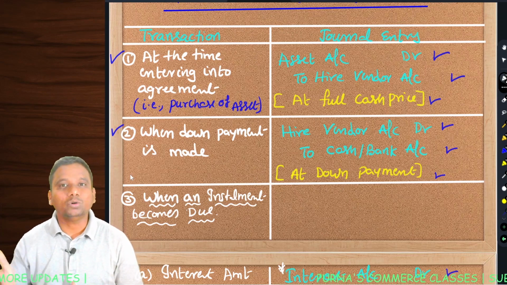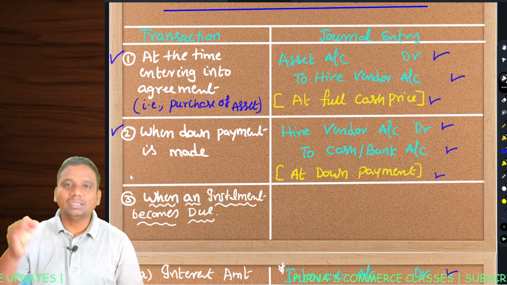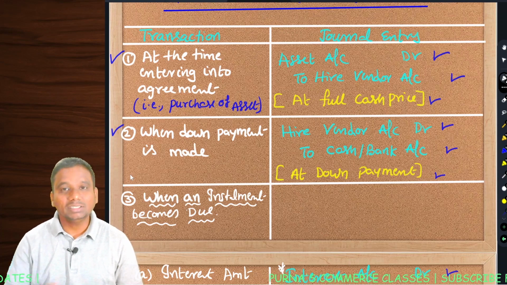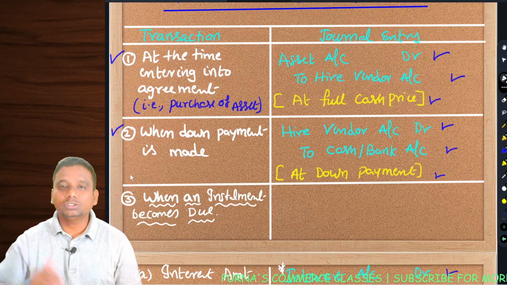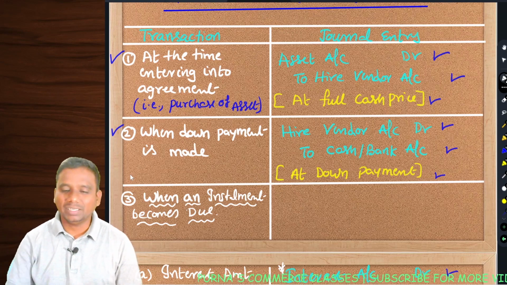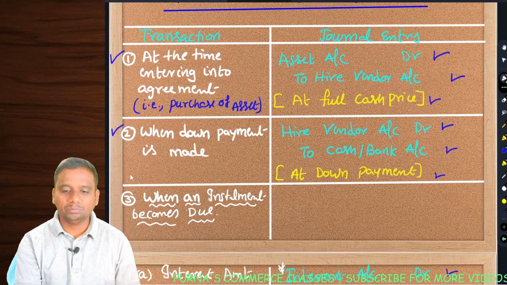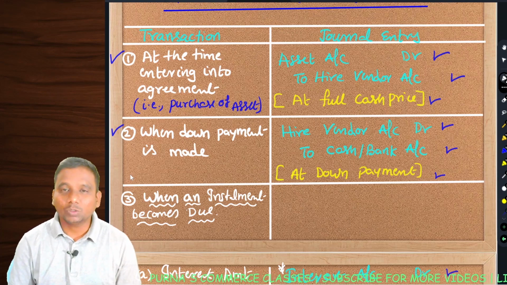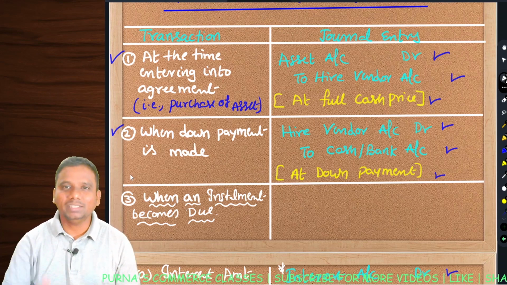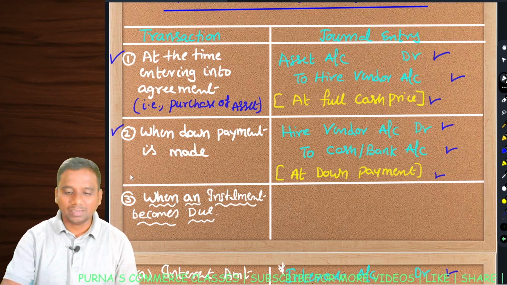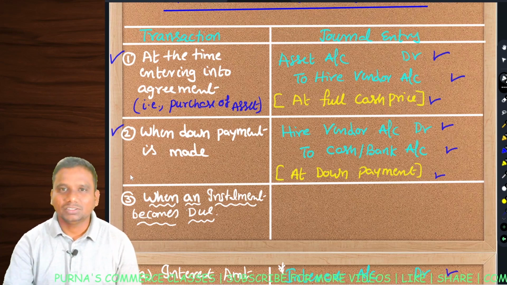Next, the amounts under hire purchase. In this hire purchase chapter, calculation of amounts plays an important role. Entries are easy, if you remember you can remember these entries, but what about the amounts? The calculation of amounts plays an important role in this chapter.